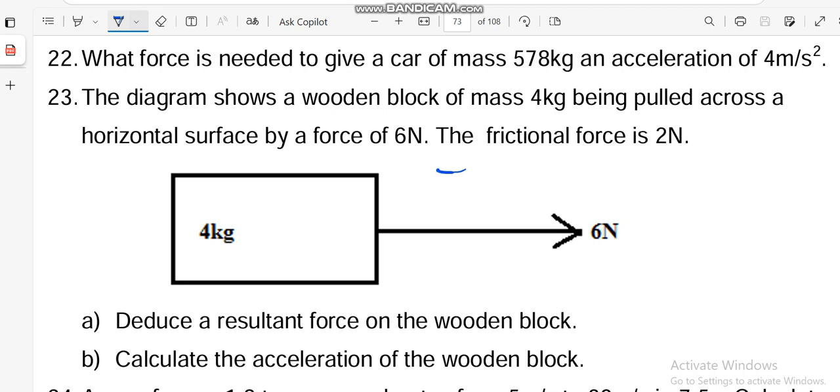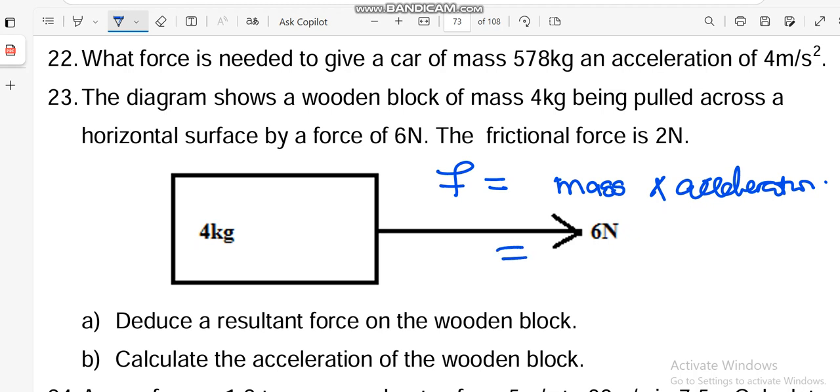To get the force, force is equal to mass times acceleration. This is the formula we use to get the force needed to give a car of mass 578 kg an acceleration of 4 meters per square second.